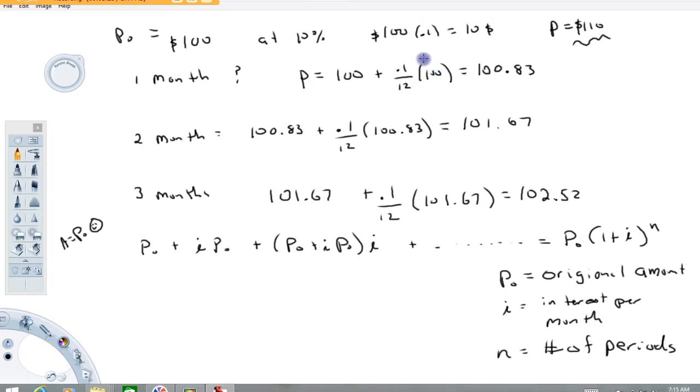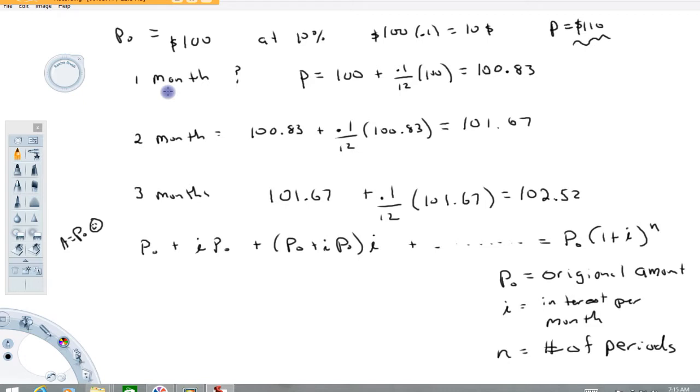So the interest that you make would be this expression right here: 100 times 0.1, our interest rate, over 12, because we're talking about just 1/12 of a year. And then our new principal would be our interest plus our beginning principal, and we would have $100.83. And again, this is after 1 month.